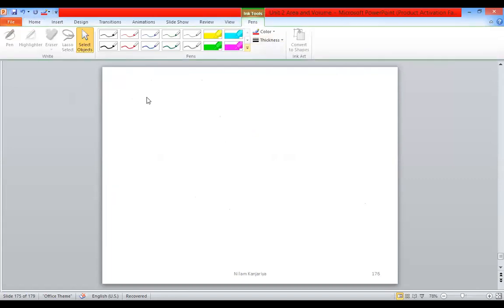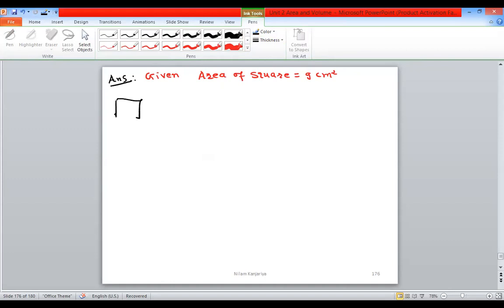The answer of the second question: you have an area of square. It gives to you area of square, it's 9 centimeter square. Okay, and which quantity you need to find? First of all, I'm using the formula of the area of square. This is the square, and area of square depends on the side.